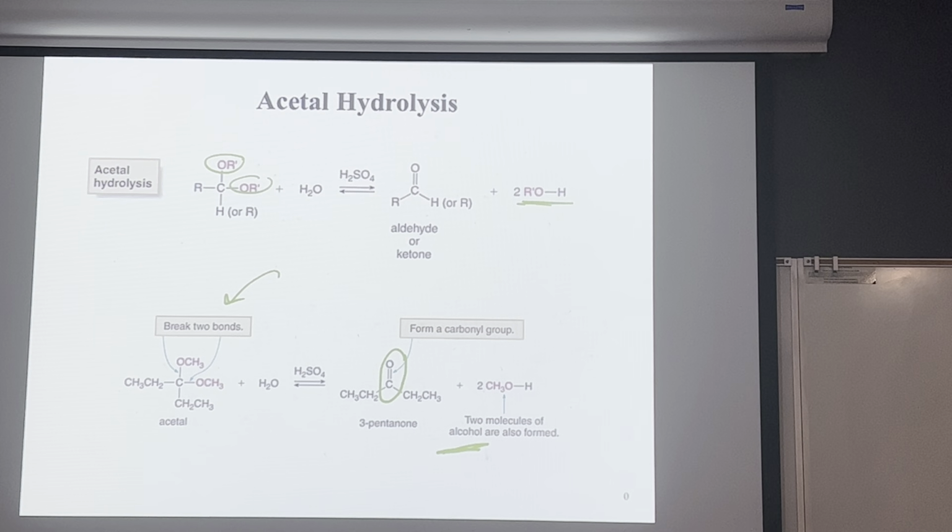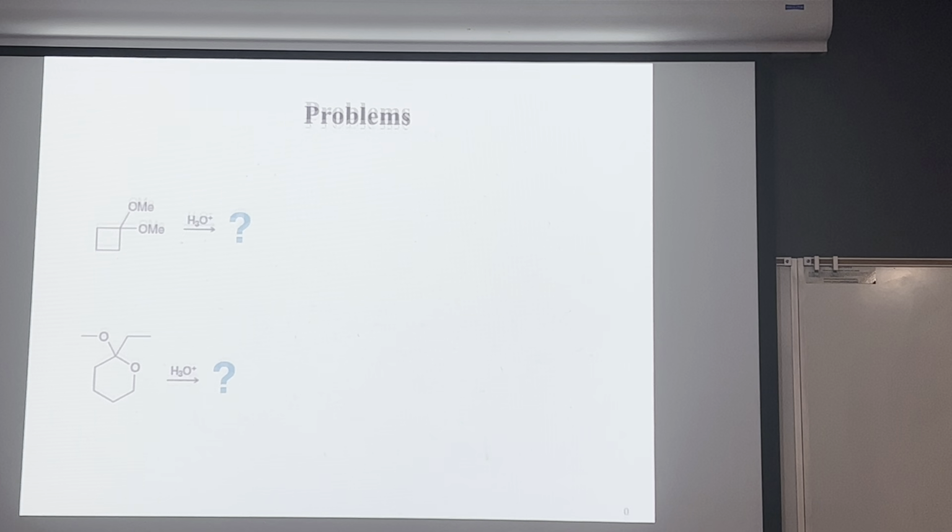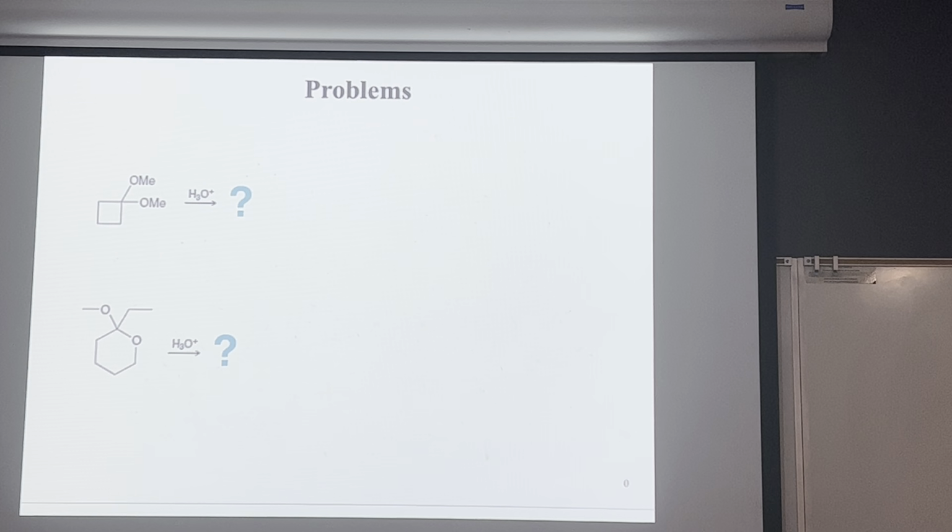Now, the next thing we always do after we learn a general formula for something is we do problems. And that's what I have for you folks. We've got some problems. Okay, so we've got a little cyclic structure there. And I know you guys are all like, no, don't make me do that. But let's just go ahead and draw in the carbon that's bonded to the two ORs.